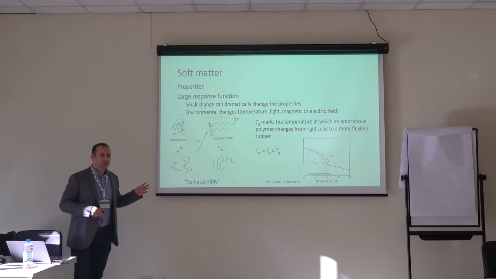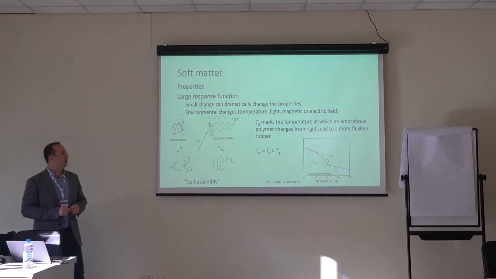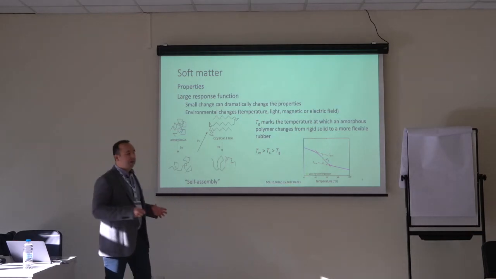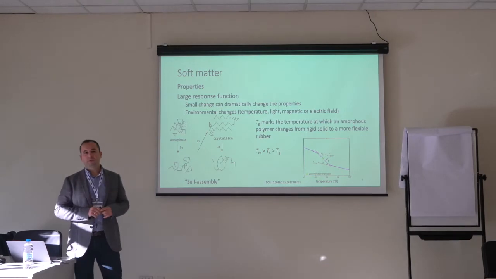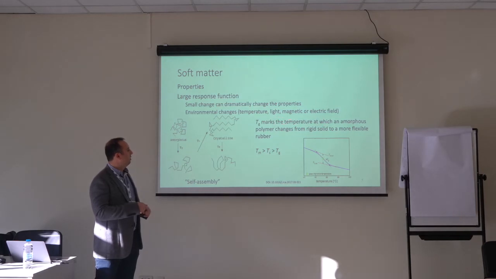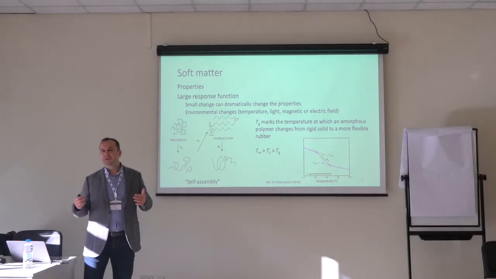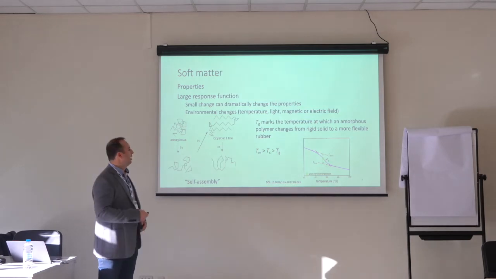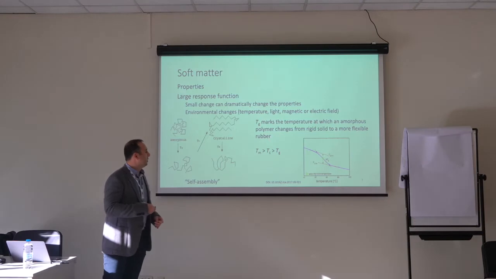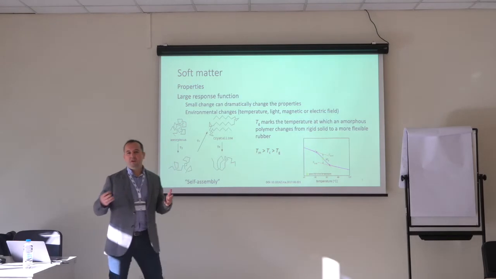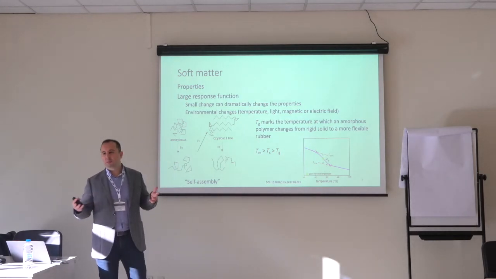For those of you who don't know what the glass transition temperature is, I wanted to put in this brief information, because especially in polymer-type soft matter systems, the glass transition temperature marks the temperature at which an amorphous polymer changes from rigid, with less freedom for the molecular subunits to fluctuate, to a more flexible rubber. So that temperature characterizes the segmental motion of the polymeric material.